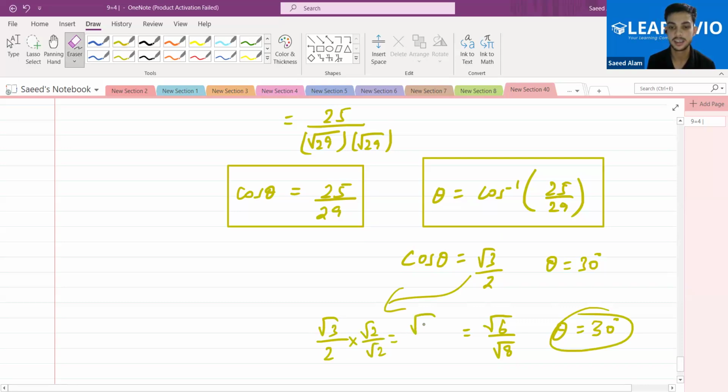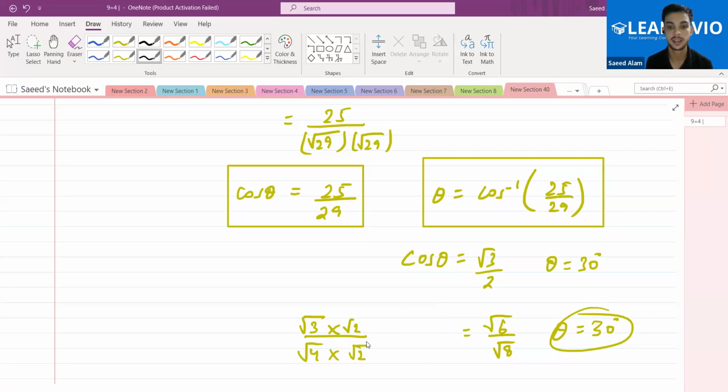It will be root 6 divided by, if you shift this 2 inside, under root 8. So this is just the mathematical part. I was just testing your mathematics skill. Actually you can write this root 6 as root 3 into root 2 divided by, you can write this root 8 as under root 4 into under root 2. Yes or no?